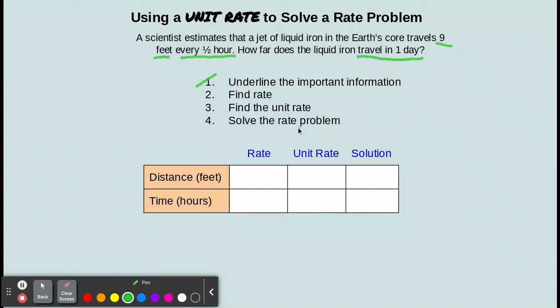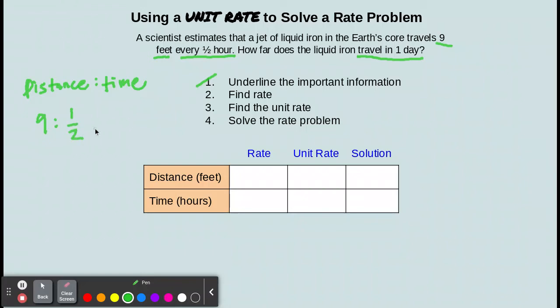Now we need to find our rate. Our rate is going to be a ratio of distance to time. So distance, 9 feet, time, 1/2 hour.